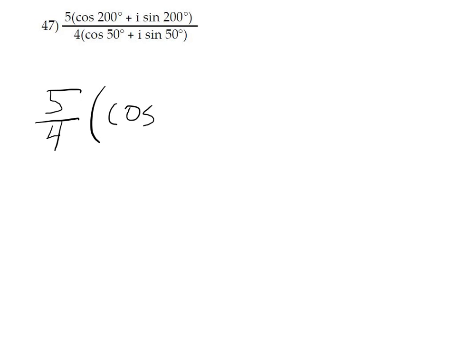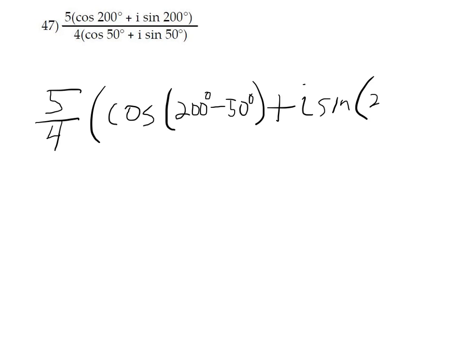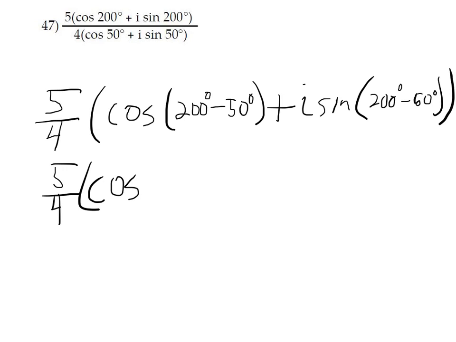So the one on top is 200 degrees, minus the one on bottom is 50 degrees, and then that's the new angle. So cosine of that plus i sine of the same number, 200 degrees minus 50 degrees. So we have 5/4 times cosine of 150 degrees plus i sine of 150 degrees.